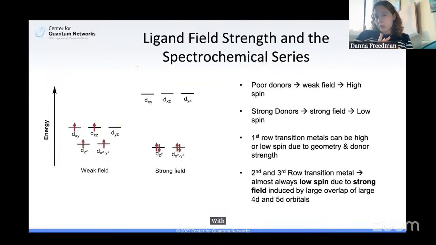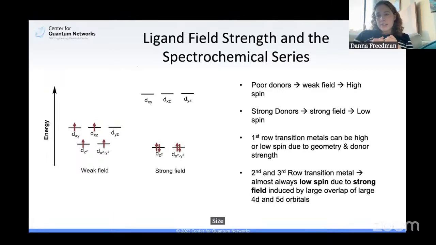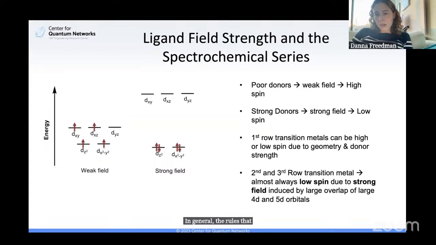And so there are ways that we can have more and less overlap with a transition metal. One of them is the quantity that the electron donates from the ligand to the system. Another relates to the relative energy levels of the ligands, size of the orbitals. So we can think about a lot of different parameters. In general, the rules that we can think about are first row transition metals can be high or low spin.